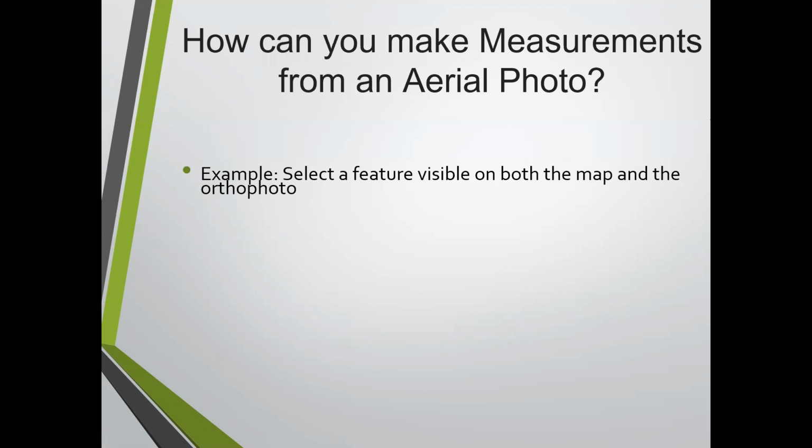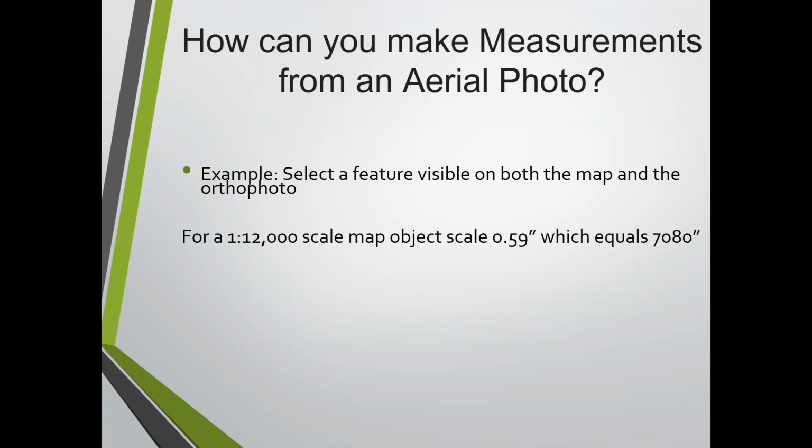So for example, let's say you've selected a feature that's visible on both your map and your ortho photo. On your map, you have a map scale of 1 to 12,000. That's your map scale. And you've measured 59 inches on the map between, let's say, two intersecting streets.